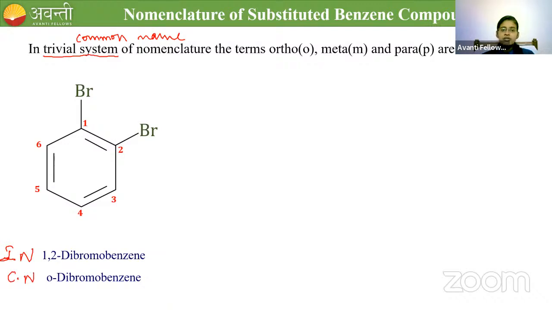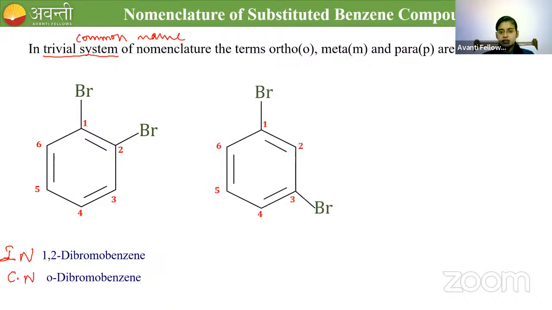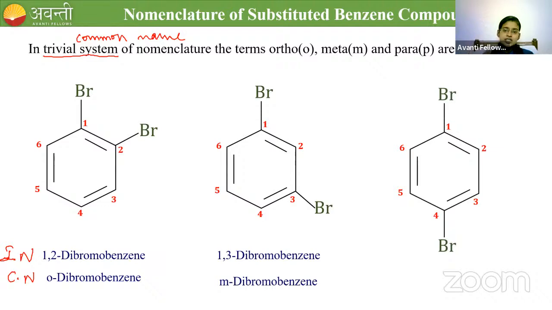Now, if two substituents are placed alternative to each other, then it is called meta-dibromobenzene and the IUPAC naming is 1, 3 dibromobenzene. If they are opposite to each other, then the IUPAC naming will be 1, 4 dibromobenzene and the common name is para-dibromobenzene.